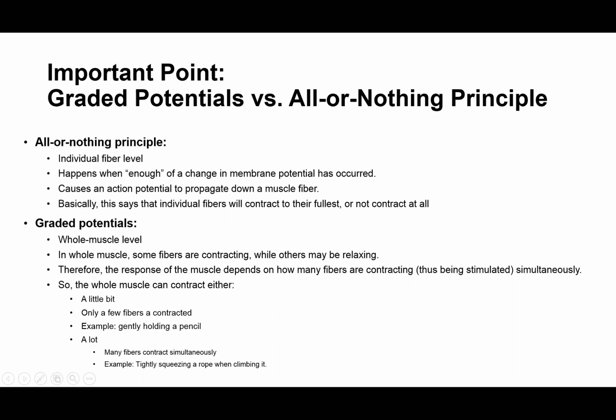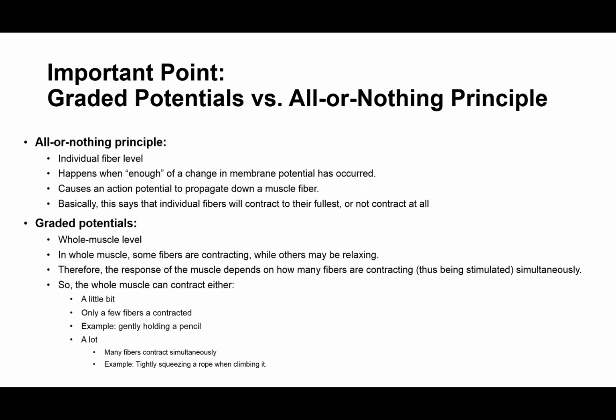I put this slide in here because I want to make a point that this is where we differ from the individual fiber contraction. In individual fibers, we have the all or nothing principle. The all or nothing principle, if you remember, is when there is enough change in membrane potential to cause an action potential to propagate down the muscle fiber.